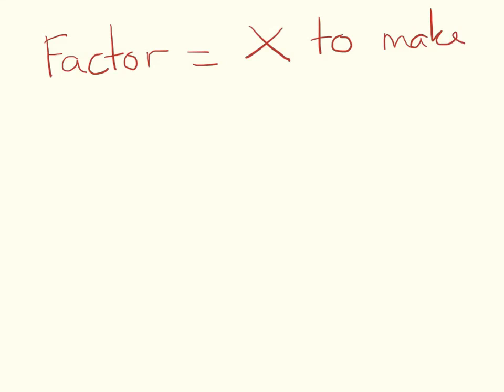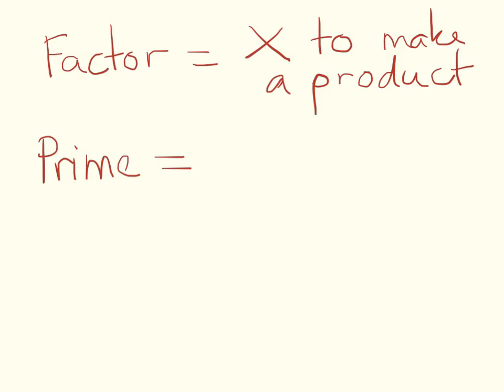So let me just recap. A factor is what is multiplied to make a product, i.e. 6 times 4 equals 24, so 6 and 4 are factors. A prime number is only a number that has the factors of itself and 1.